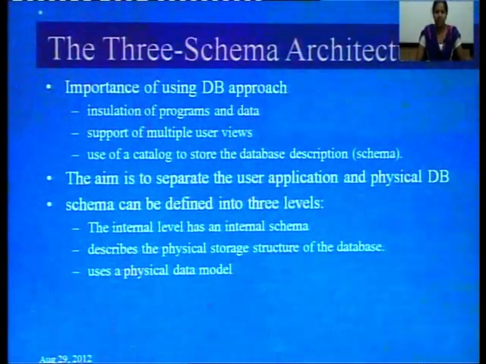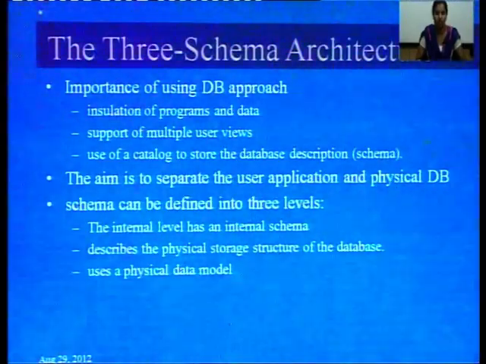Next is the 3-tier architecture. First of all, we should know the importance of this database approach. Insulation of program and data means how you separate the program and the data.